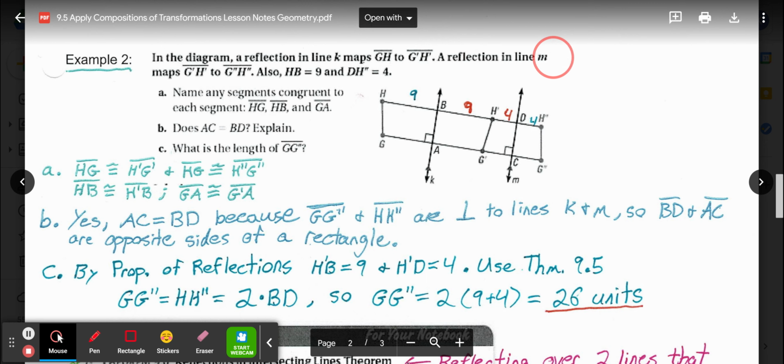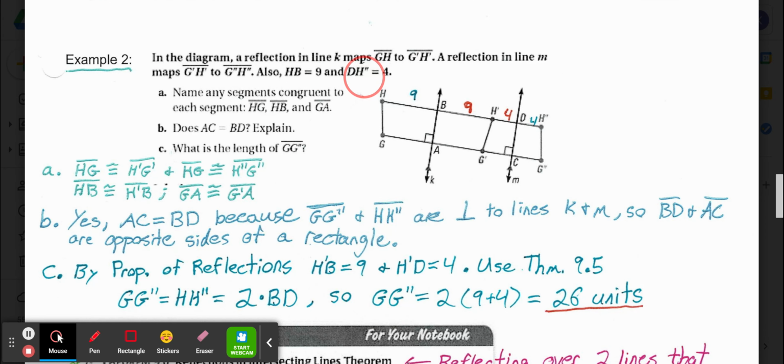A reflection in line M maps G prime H prime to G double prime H double prime. Also, the distance from H to B is 9, and the distance from D to H double prime is 4. So we knew H to B here is 9, D to H double prime is 4. Don't worry about these other two yet.